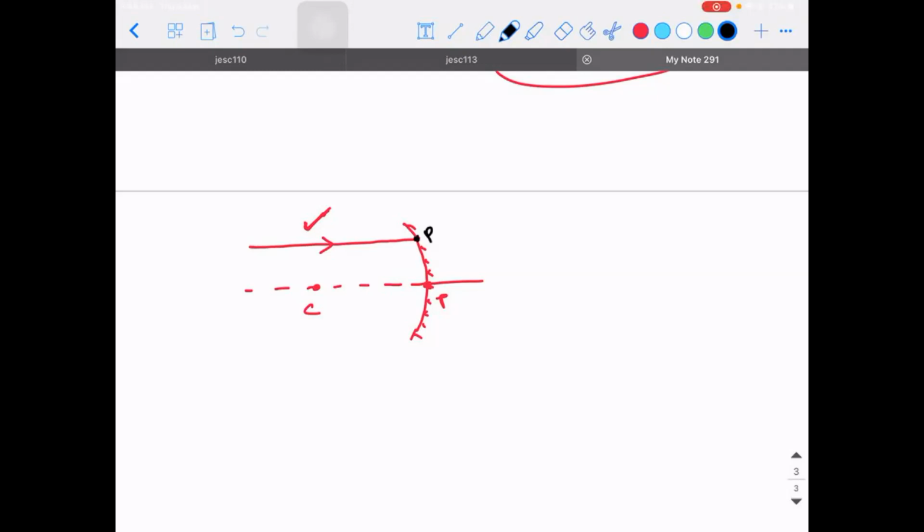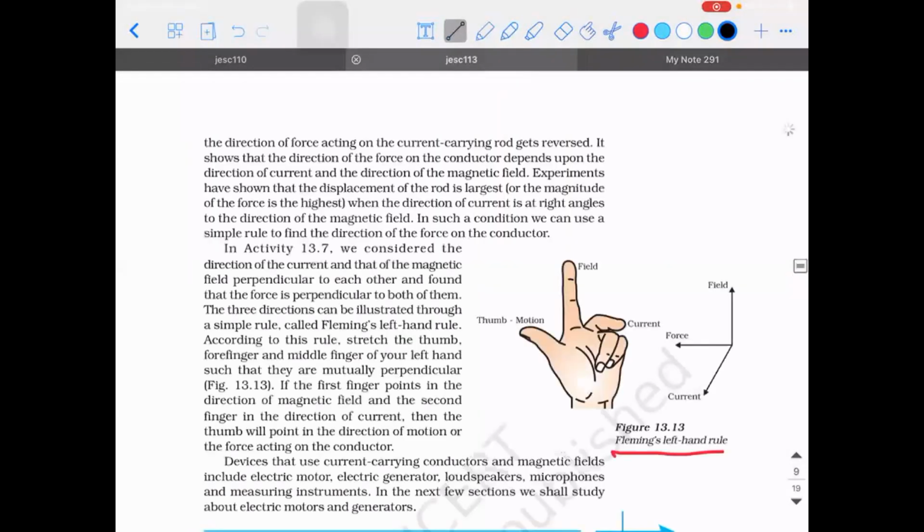But can you tell me the reason why it is so? Because joining the center of curvature and a point would be the radius of the sphere. That's right. What you told is right.